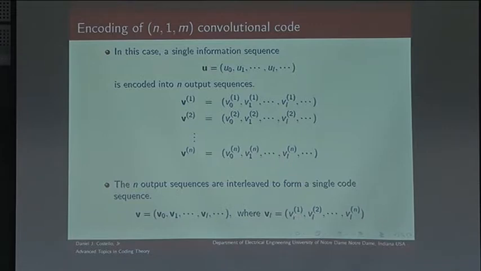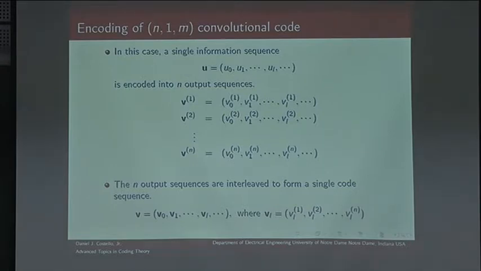So at each time unit, we'd take the n output bits coming at that time unit and indicate, say, at time unit 0, that would represent V0, and then the next n bits would be represented by V1, etc. So we can write the entire output sequence with one vector V like this if we like.